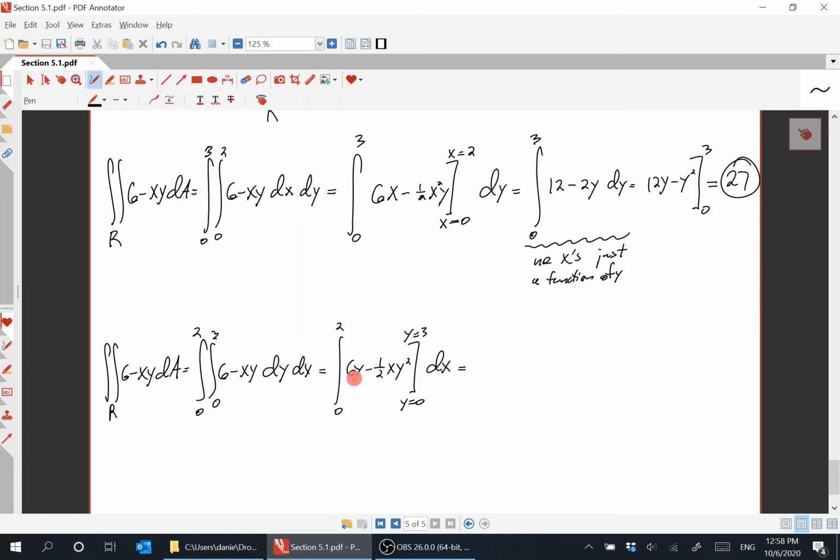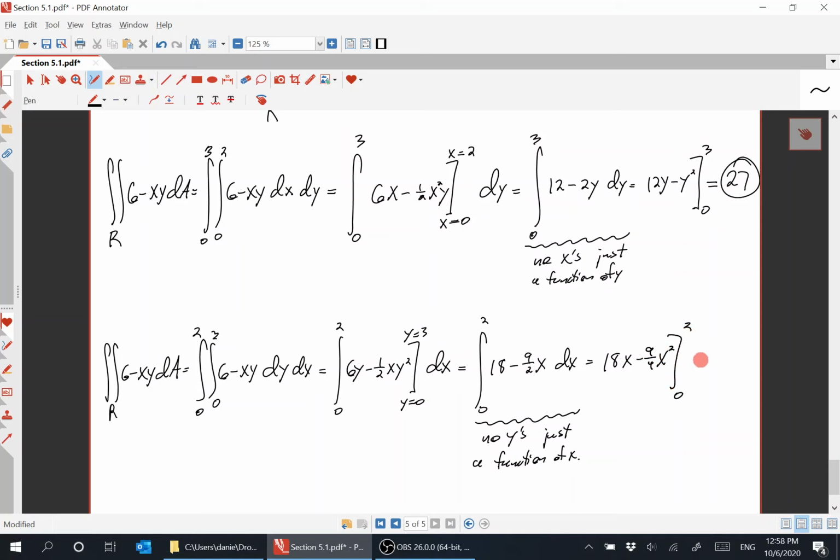So, evaluating at 3, what do we get? We get 18 minus 9/2 x dx. And at this point, there are no y's, just a function of x. All right, and now the antiderivative with regard to x is 18x minus 9/4 x squared from 0 to 2.